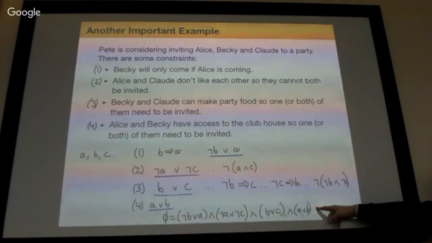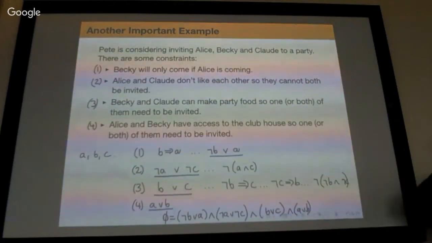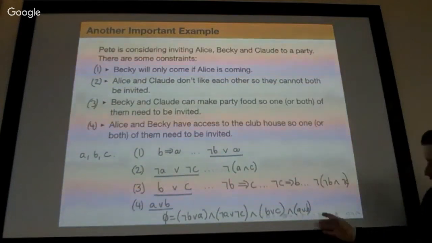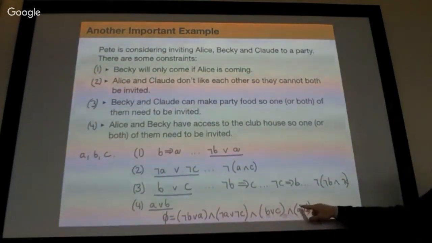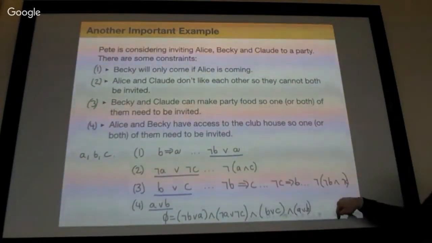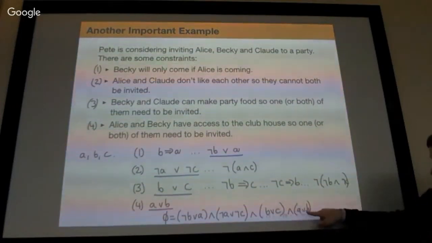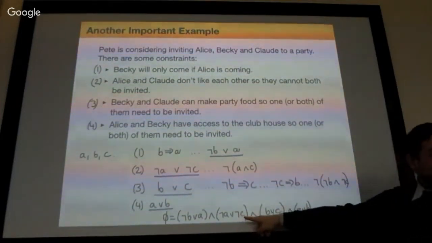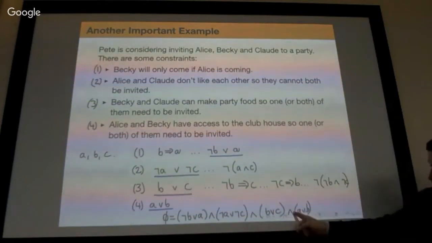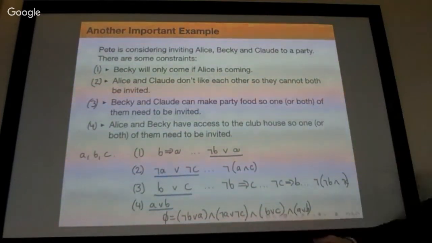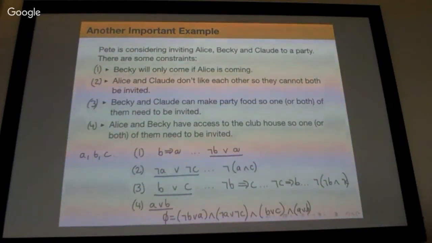CNF means that you've got these brackets. Each of them is a disjunction, so it's an or of things, and the things are the variables or the relations. And it's a conjunction, so an and of all the brackets, and that's called CNF, conjunctive normal form.